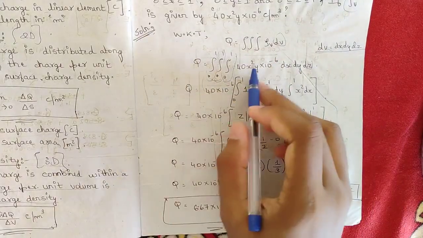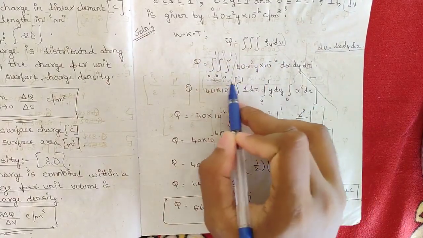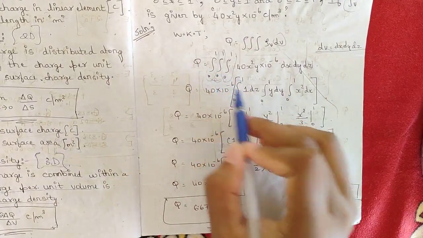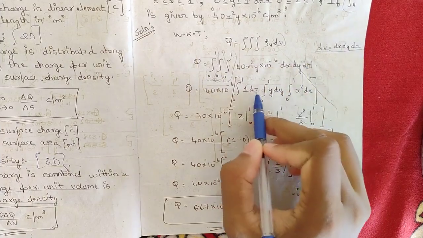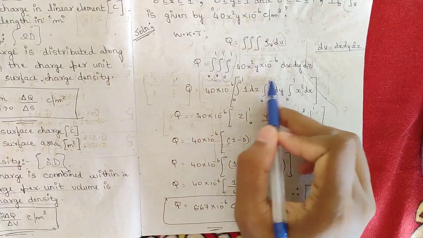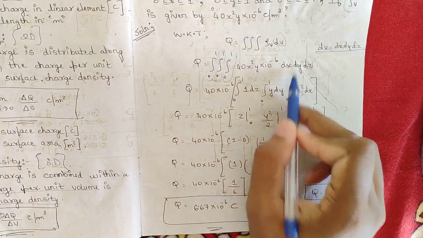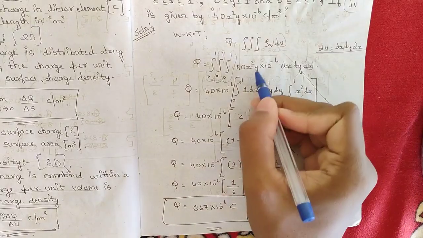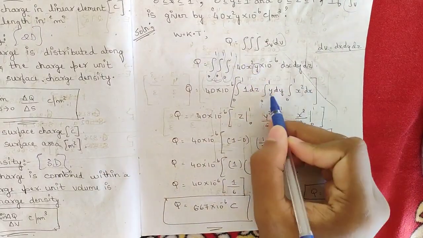So 40 into 10 to the power minus 6, you take it constant outside. Integrate 1 dz, with limits from 0 to 1 for z, then y dy with limits 0 to 1. Why y dy? Because we have a y term multiplied by dy.